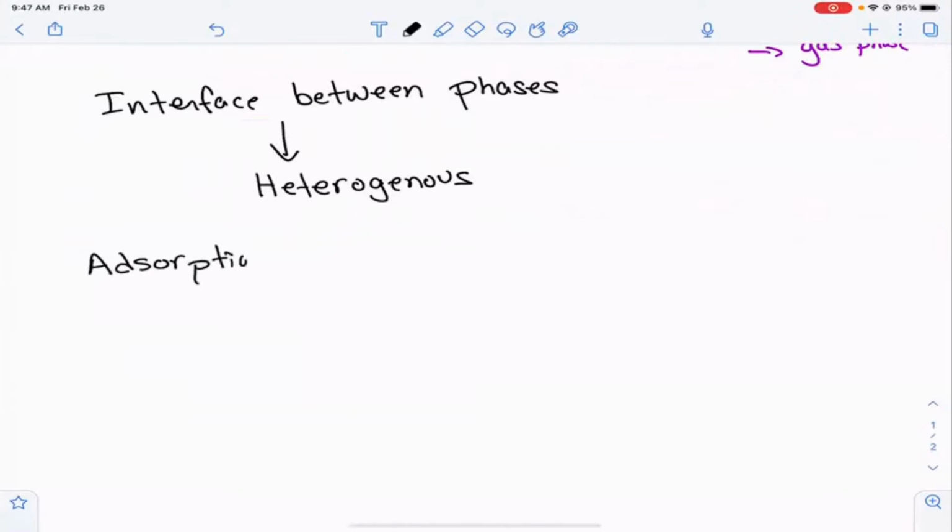Adsorption is when a species forms a chemical bond with a substrate, or in this case, the catalyst. And there's two types of adsorption that we'll just mention here. The first one is physisorption, and physisorption is very weak bonds, something like van der Waals attraction.